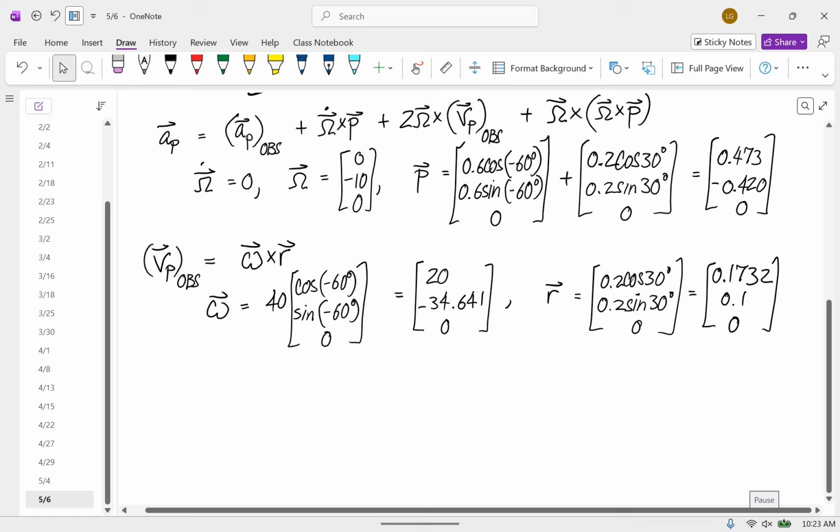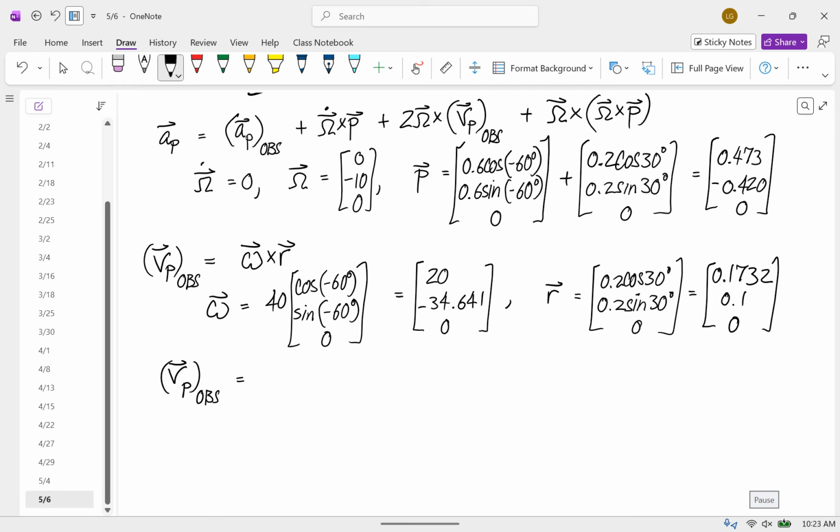And now we can take this cross product and we get that the velocity of P that's observed is equal to 20, negative 34.641, 0, crossed with 0.1732, 0.1, 0.